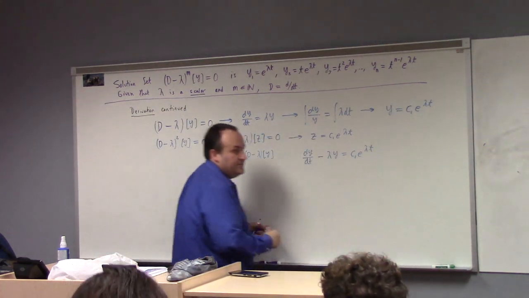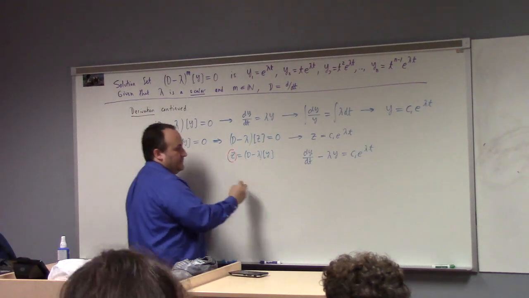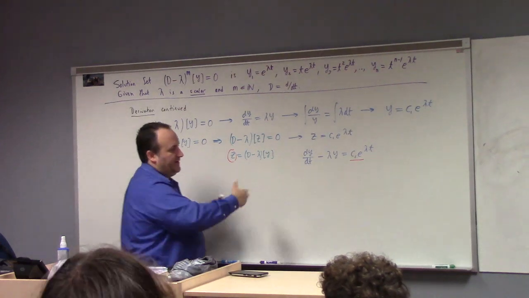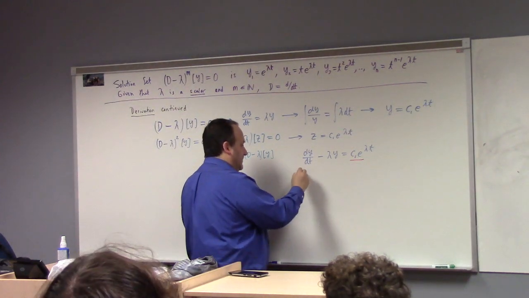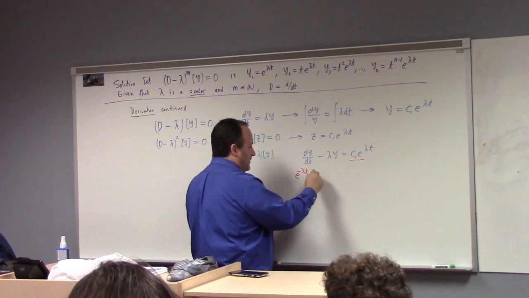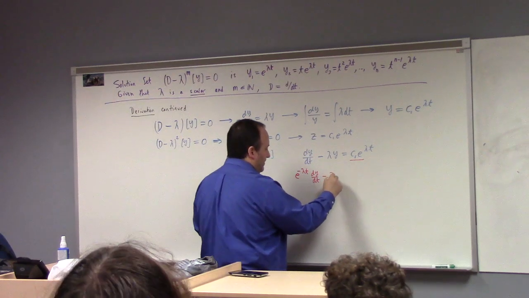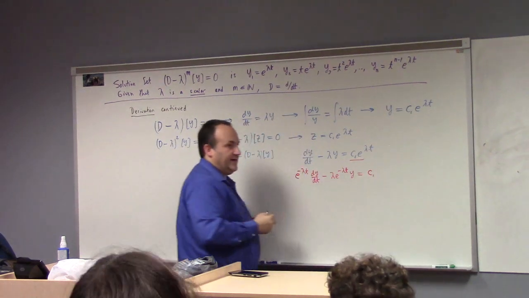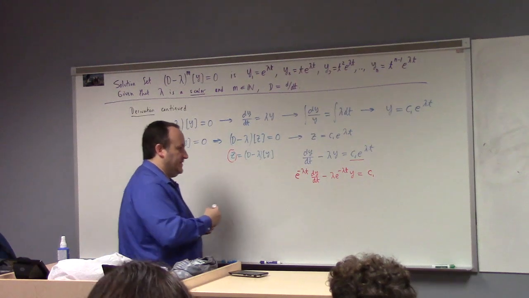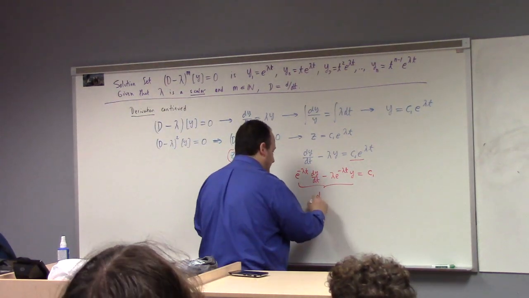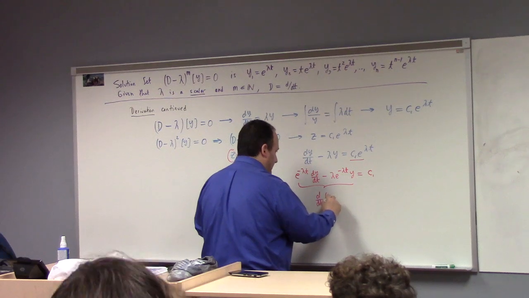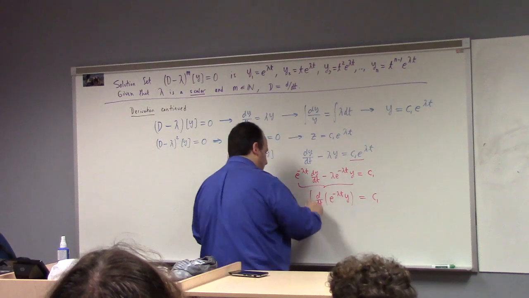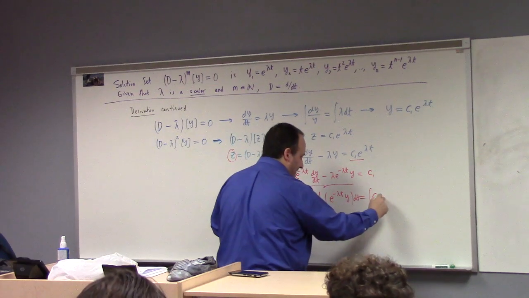And then how do you solve that? You multiply by the integrating factor, right? e to the minus lambda t. You get that. Reverse product rule this thing. Integrate both sides with respect to time.